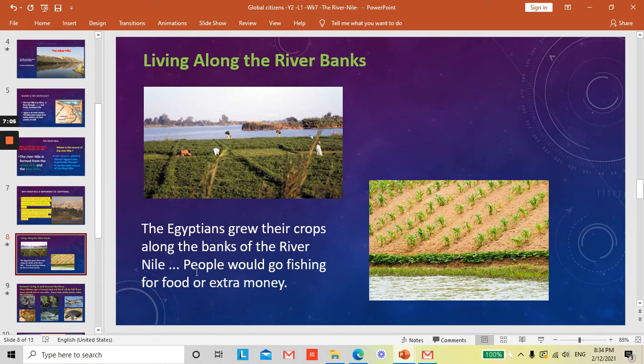People would go fishing for food or extra money. So people plant their crops along the river. Also they fish for food, and they sell fish for extra money. If they need money, they go to the river, get fish, and sell them to get extra money.